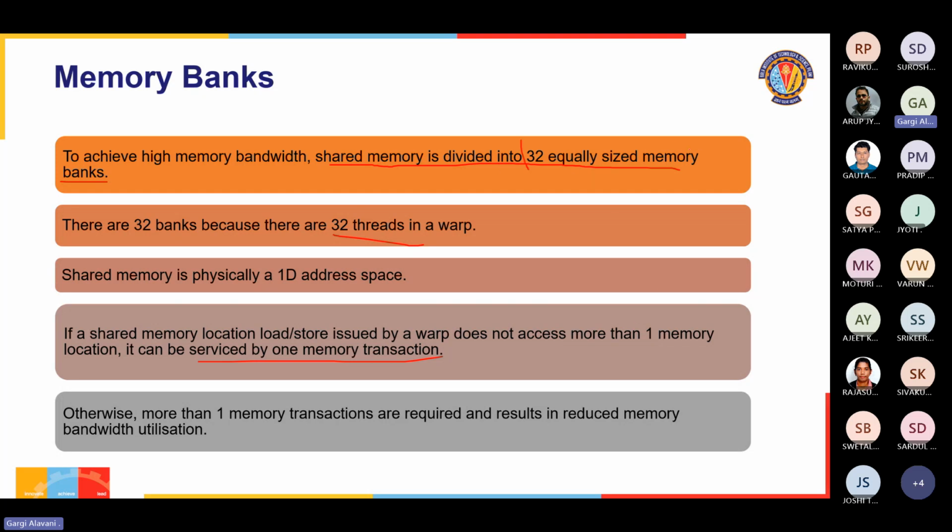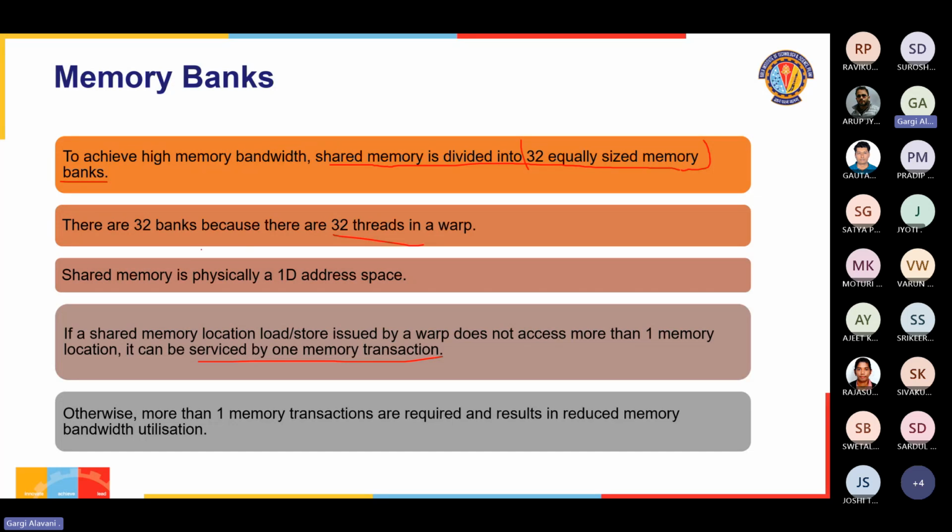It's because we have 32 threads in a warp. When a CUDA kernel executes on a GPU, it is divided into sets of 32 threads, called a warp, for which we assign the instructions. That's why shared memory is also designed in such a way that it is divided into 32 banks.